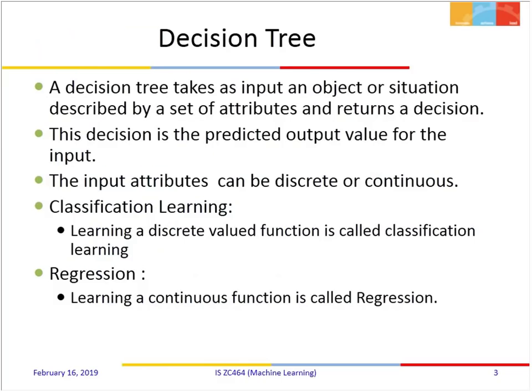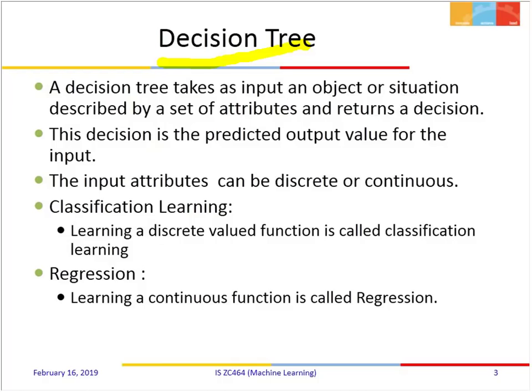Okay, so we have this decision tree. It is a tree-like structure. Of course, the tree is a conceptual idea of representing certain things in a hierarchical way. So the decision tree takes as input an object or situation described by a set of attributes, and it returns a decision.